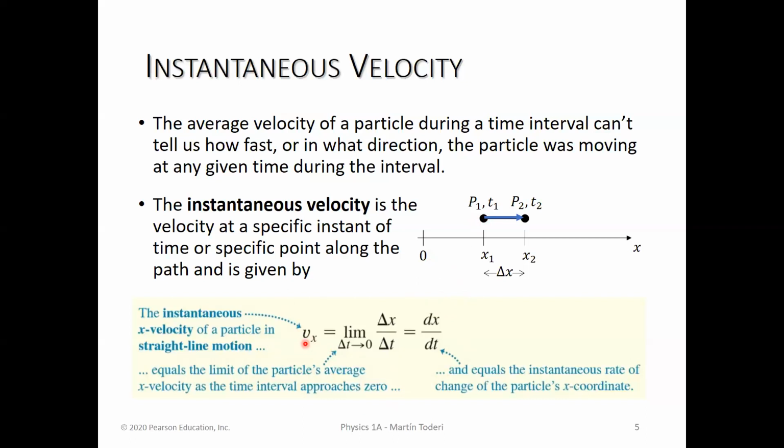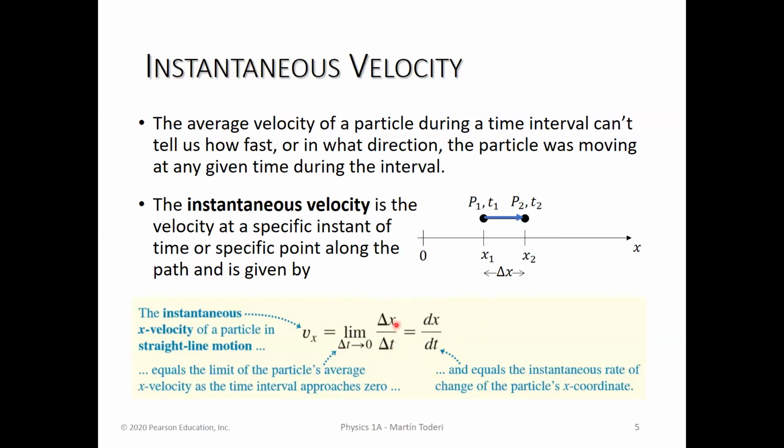So the Vx, the instantaneous velocity of the particle, will be at the limit, and that we can get with this interval of time tending to 0. So we want to make it really, really small. And by doing that, we are getting into an instantaneous point in the movement of our particle.